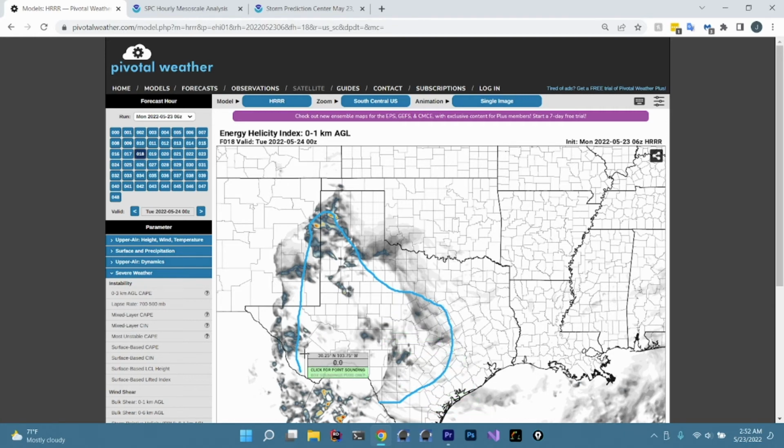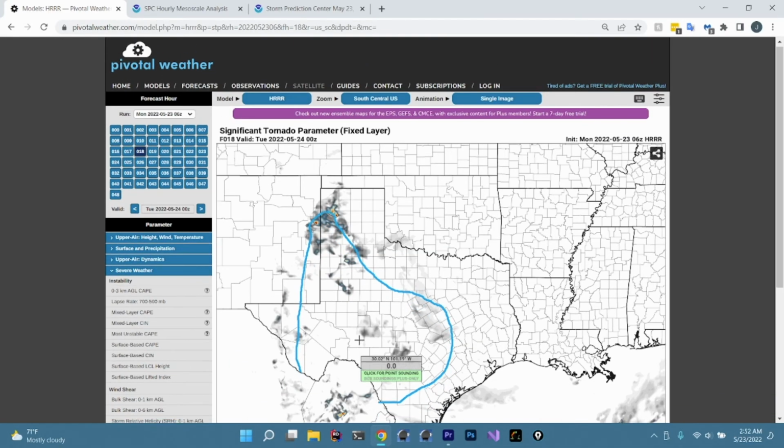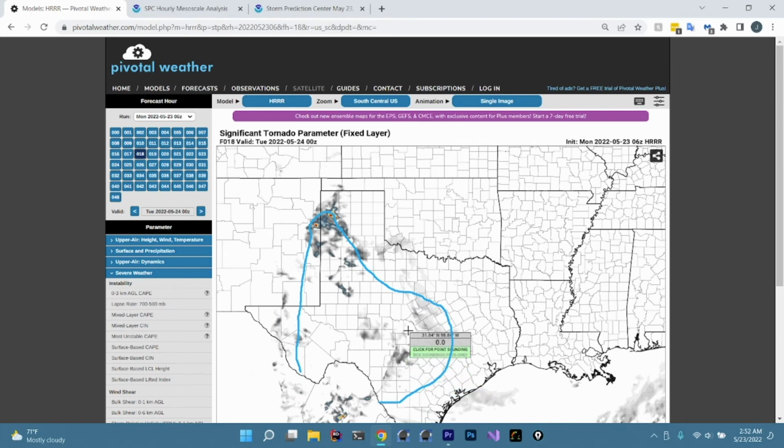And notice it's kind of spotty. It's not really widespread. And so, yeah, you might see a tornado, but it's probably pretty unlikely. But the other thing we can look at is significant tornado, and it's even less.